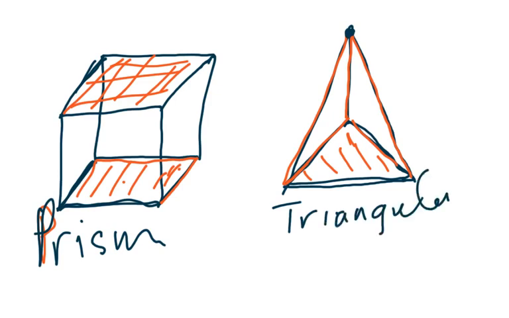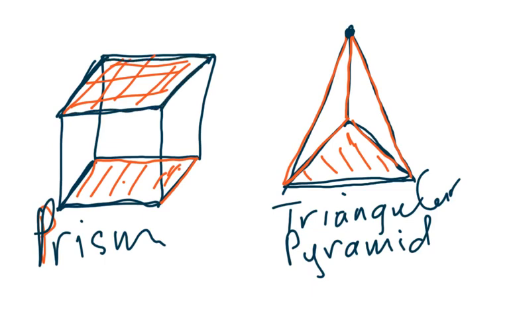Triangular pyramid. Now, the difference: the top part of the prism is made up of edges, whereas the top part of a pyramid is an apex.